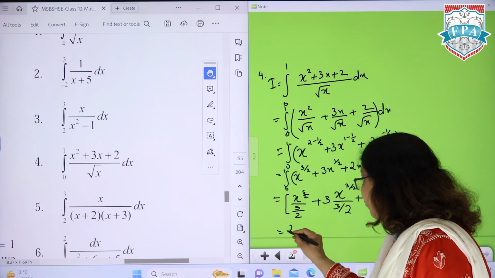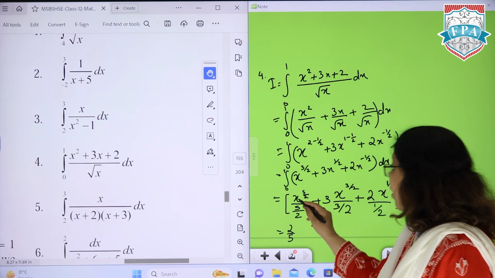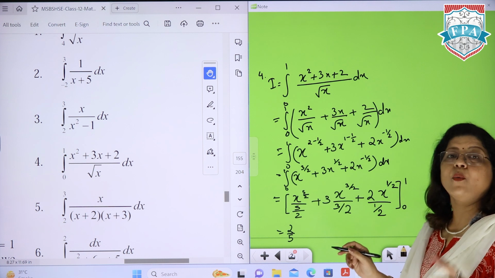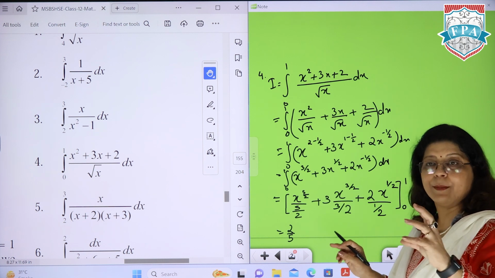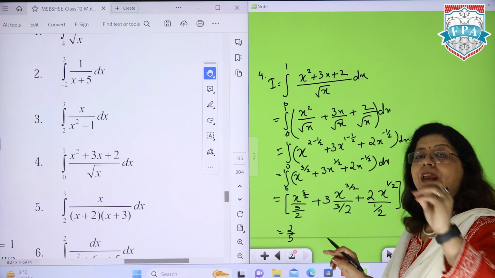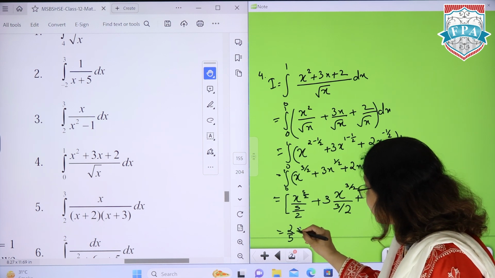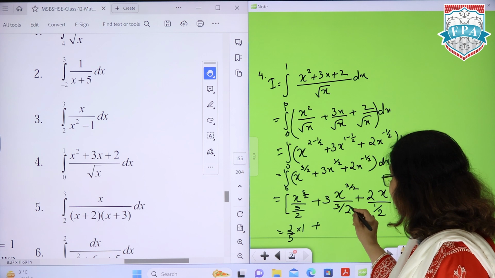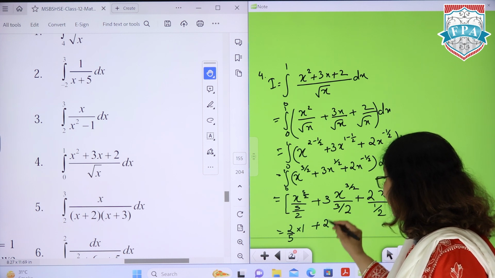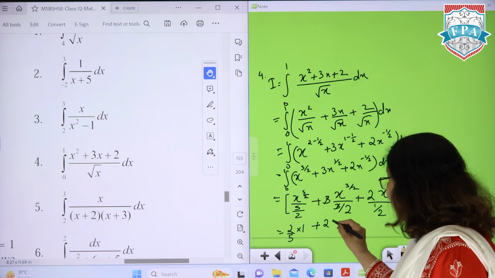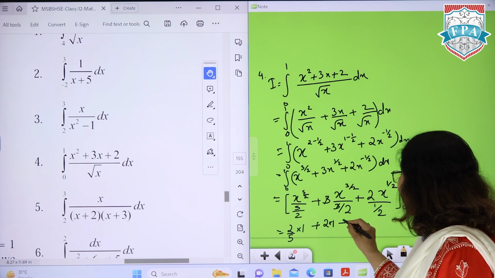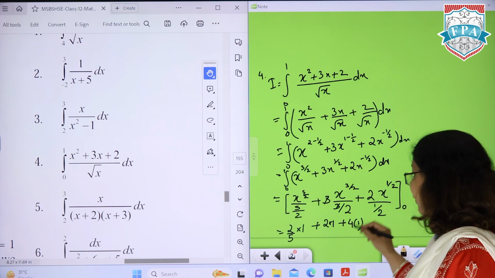Now this thing will become 2 by 5, x to the power of 5 by 2. Whether it is 5 by 2 or any number, 1 to the power of any number is always 1. So this term will be 1. So this is 1, plus this becomes 2. 3 will get cancelled. Again this is 1 plus 4 and again this is 1.